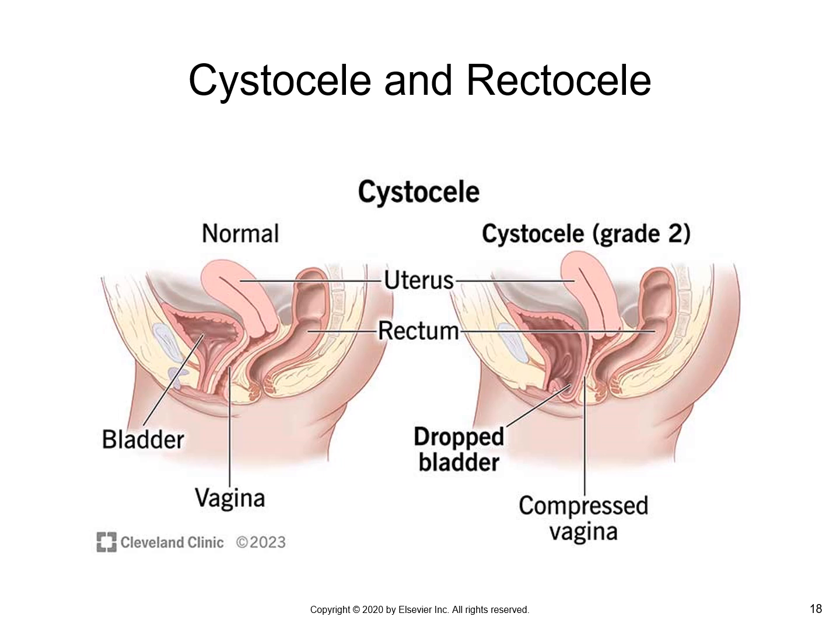So this is the cystocele and rectocele. Again, for the treatment, if it's really bad with the protrusion, then we can do some surgery.